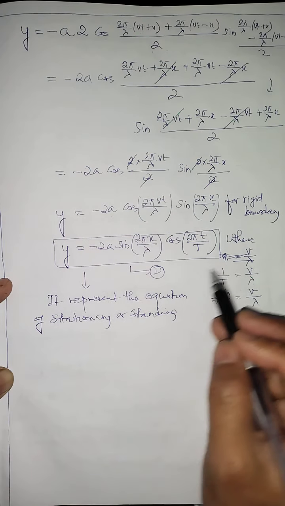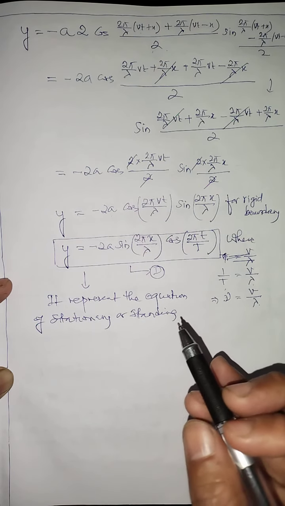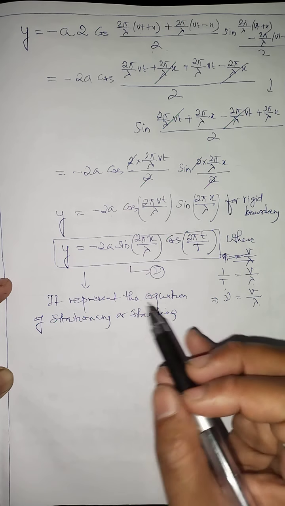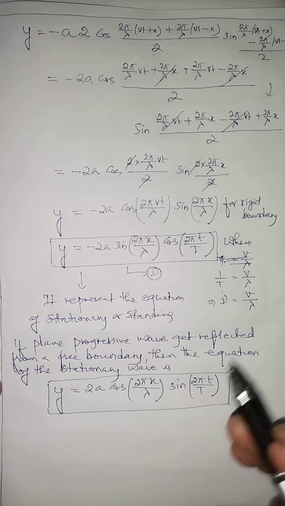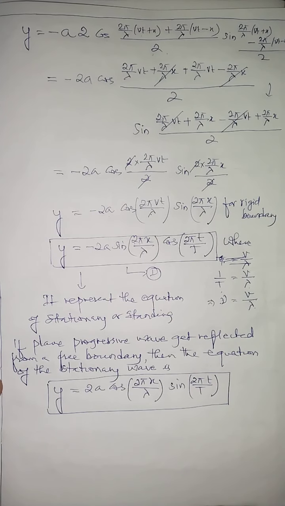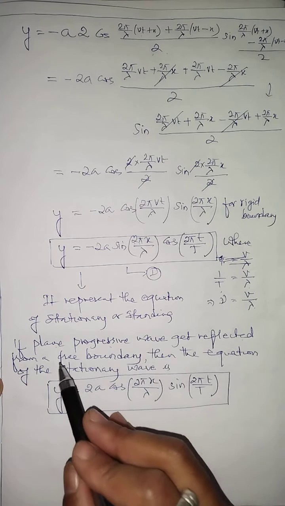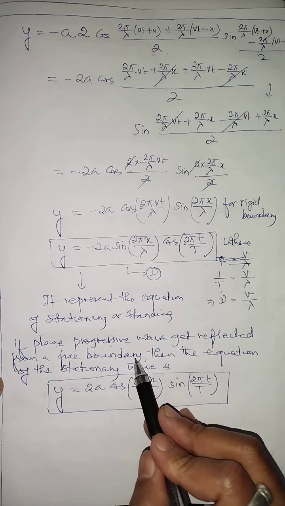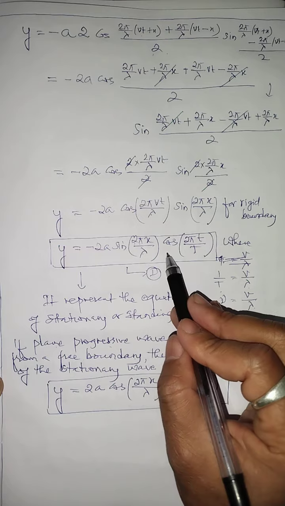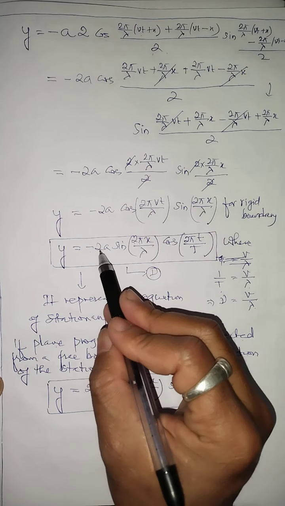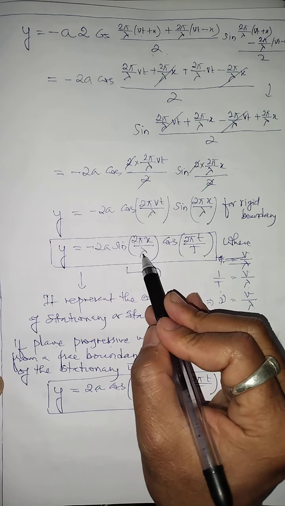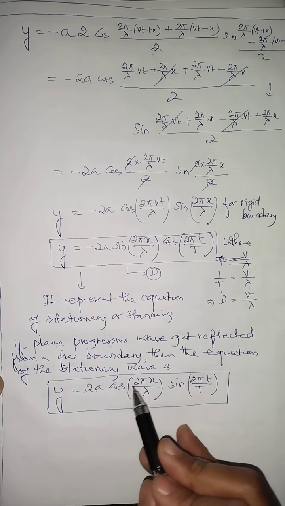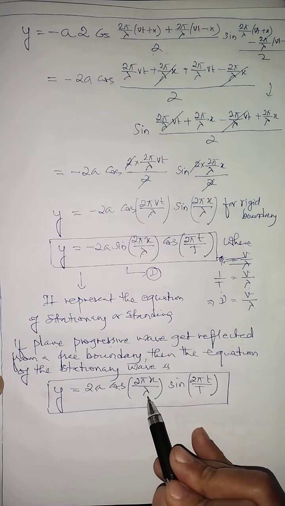So this is the equation of a stationary wave for the wave reflecting from the rigid boundary. But you know the wave can even reflect from the free boundary also. So you can write the same equation of standing wave if the plane progressive wave gets reflected from a free boundary. In that case, the equation will be the same, but minus becomes plus. The same 2a, sin 2 pi x by lambda we had written in case of the rigid boundary, now it will be cos 2 pi x by lambda for the free boundary.